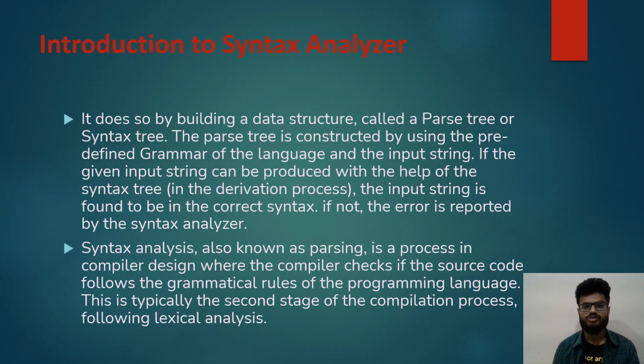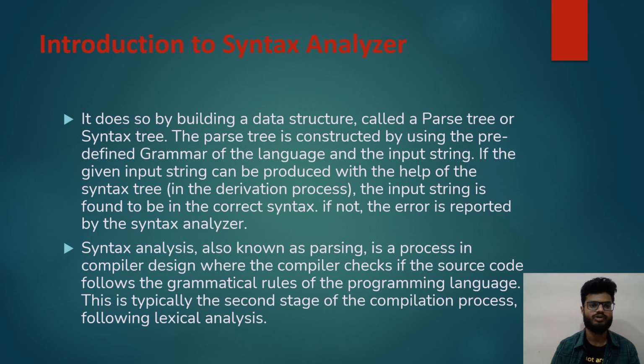So here's the introduction to the syntax analyzer. It does so by building a data structure called a parse tree or syntax tree. The parse tree is constructed by using the predefined grammar of the language and the input string. If the given input string can be produced with the help of the syntax tree, the input string is found to be of correct syntax. If it is not, an error is reported by the syntax analyzer.